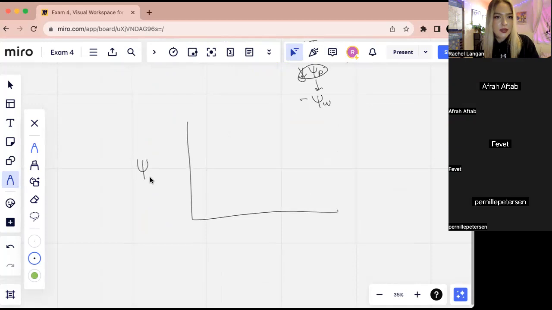This is the water potential of the xylem, which for our purposes, we're just going to say is basically all about the negative pressure potential. And what we see is, over the course of the day, something like this, typically.